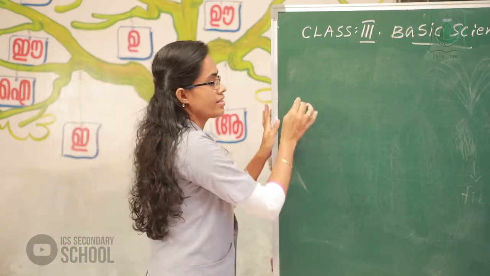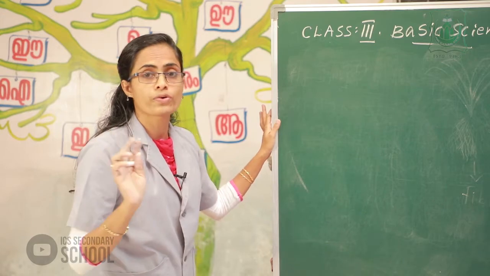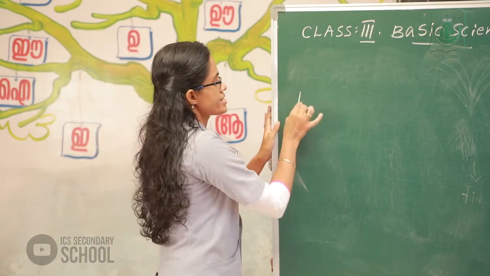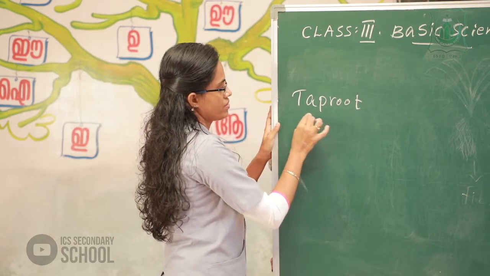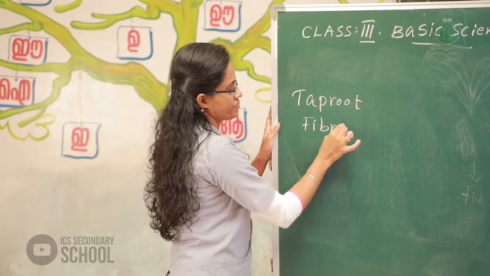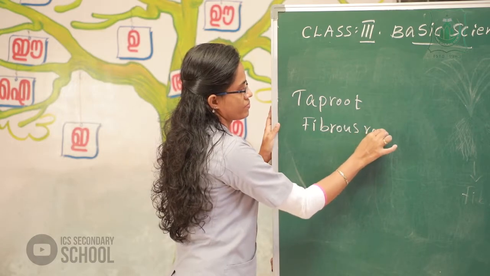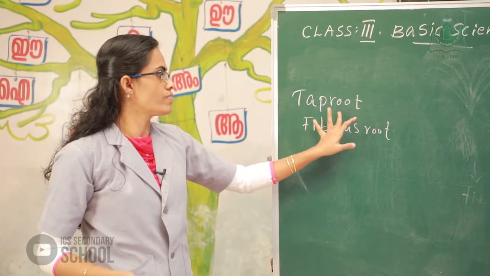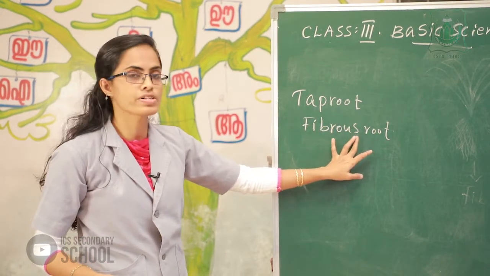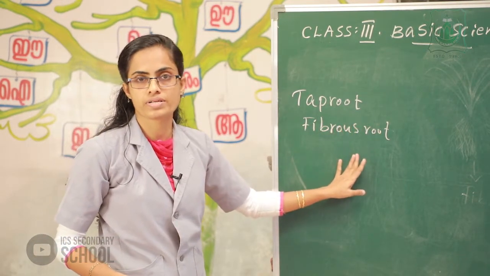Two types of root, taproot and fibrous root. All of you study well what is taproot and what is fibrous root and different examples.